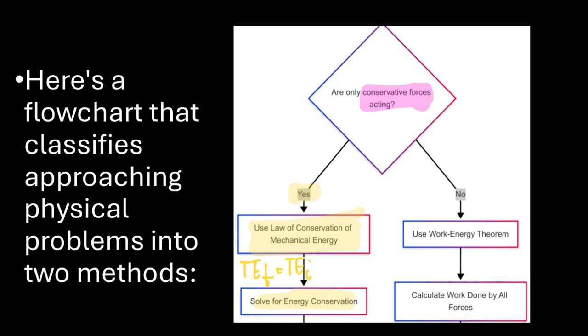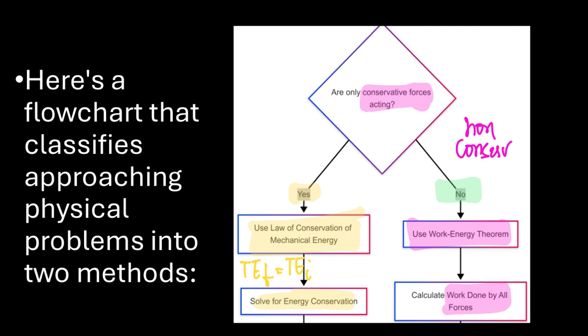Now, if the question is such that there are no conservative forces acting, or in other words, if there are non-conservative forces acting in the system, then we will be using which theorem? We'll be using the work energy theorem, and then calculate work done by all forces.